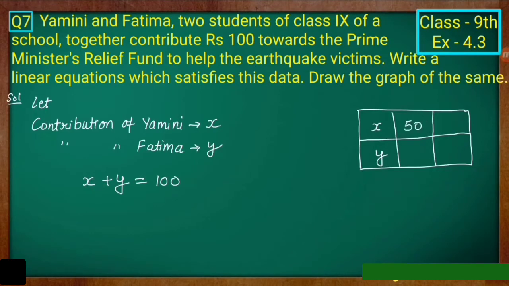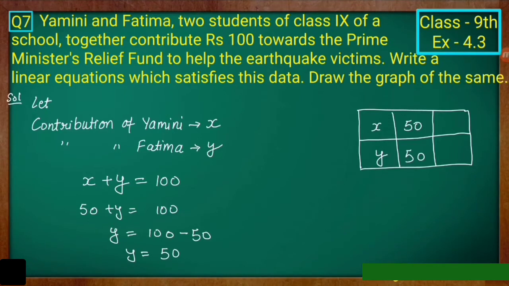So let's take x as 50. If x is 50, then 50 plus y equal to 100, y equal to 100 minus 50, y equal to 50. So when we substitute x as 50, y is also 50.